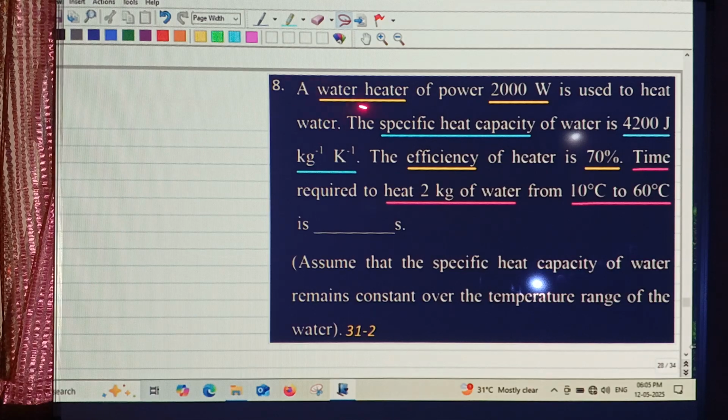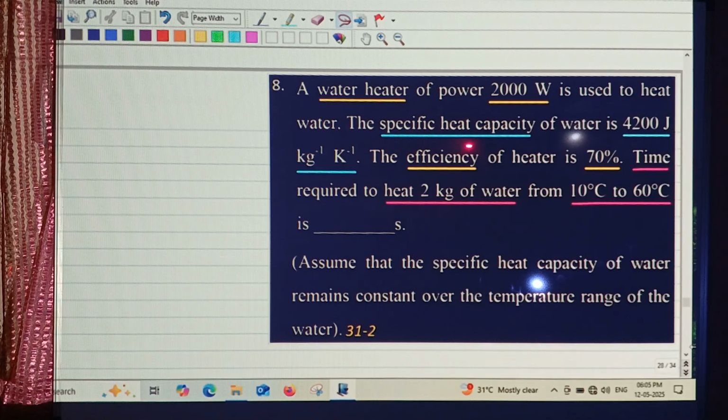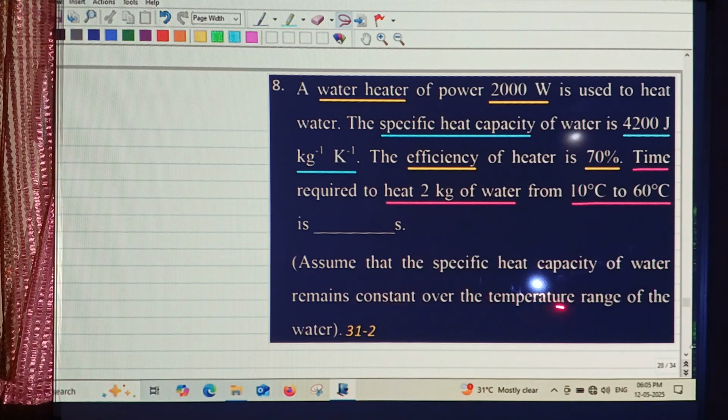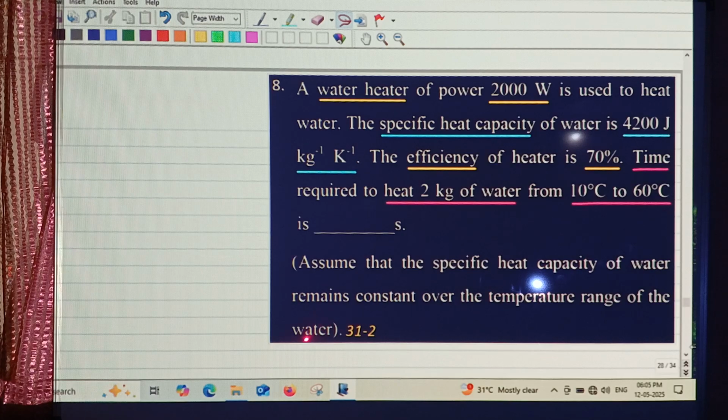A water heater of power 2000 watts is used to heat water. The specific heat capacity of water is 4200 joule per kg per Kelvin. Efficiency of heater is 70%. Time required to heat 2 kg of water from 10 degrees Celsius to 60 degrees Celsius is dash seconds. Assume that the specific heat capacity of water remains constant over the temperature range. You can pause and try this question.